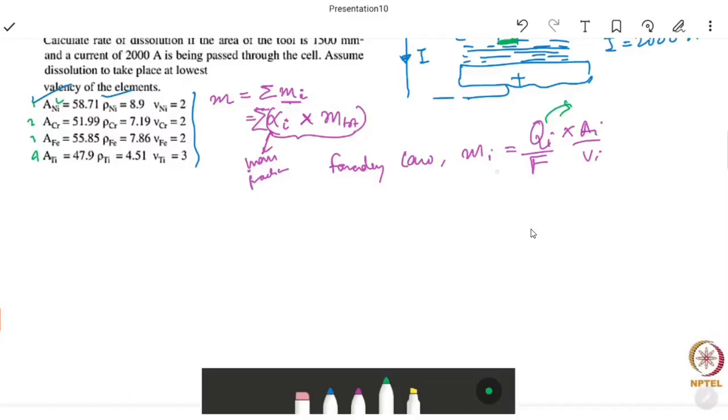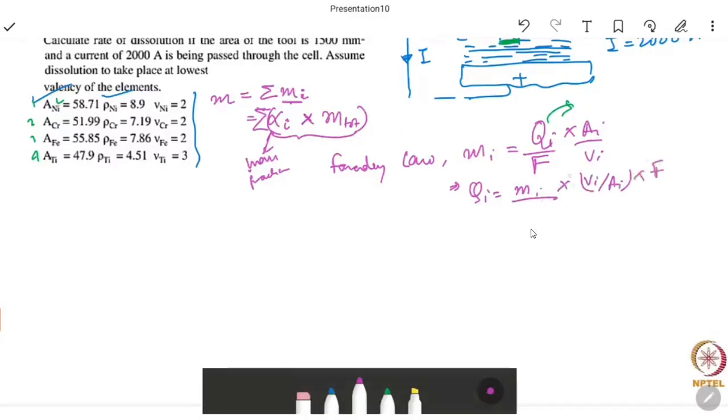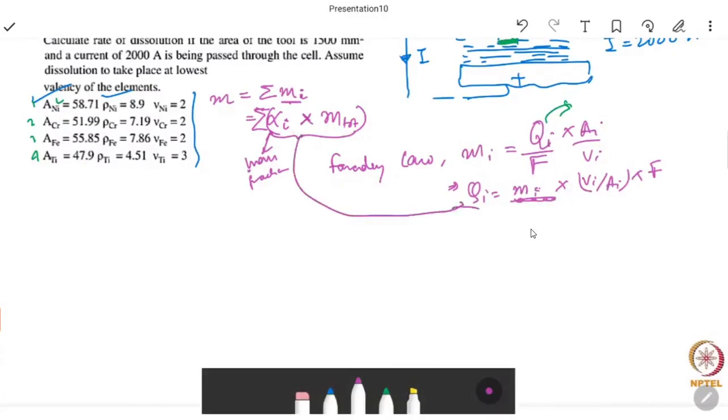So from here you can write Qi is nothing but Mi into Vi by Ai, into F. Now you substitute Mi here. It's nothing but alpha i into M total into Vi by Ai into F, right?